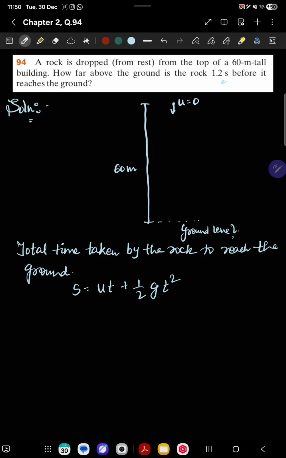In this case, since it started from rest, u is 0, so s will be half g t square. The g value we are taking is 9.81, and t is what we need to find out, which is the total time. s is given as 60, so I am putting the value of s as 60 here.